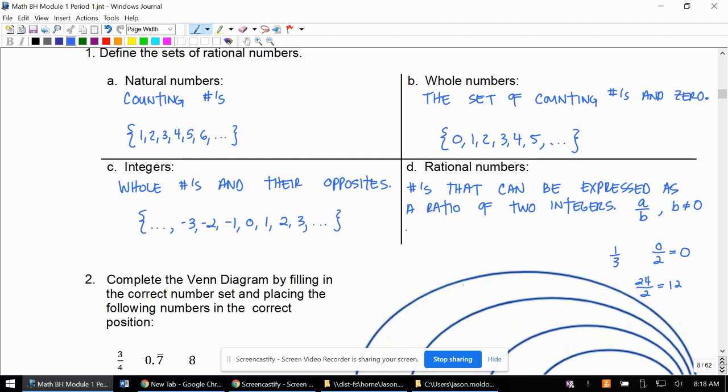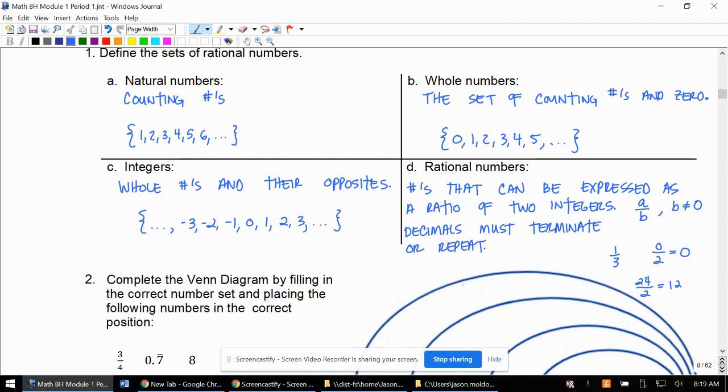And we're going to make a note here that decimals must terminate or repeat.